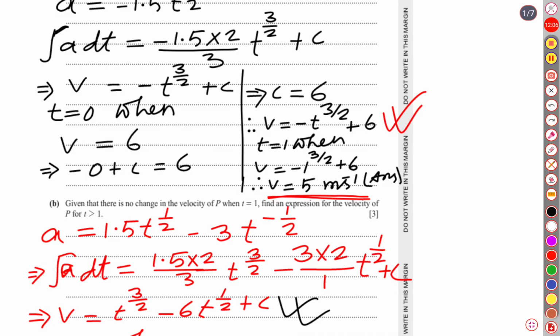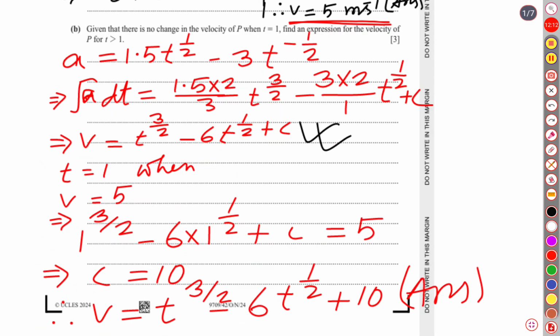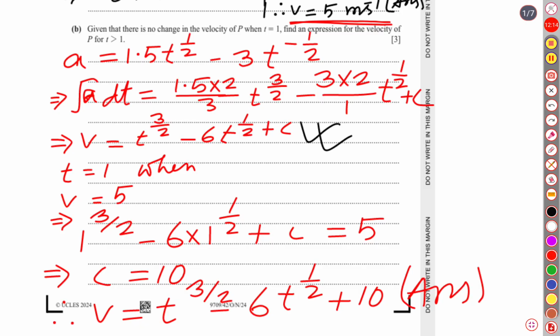When t was 0, even then the velocity was positive. For the second phase, t greater than 1, even then it will be positive, because they have already written that it is positive.